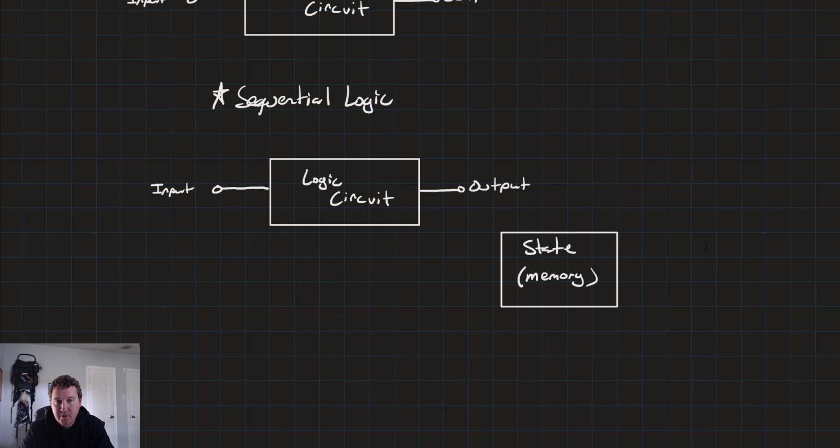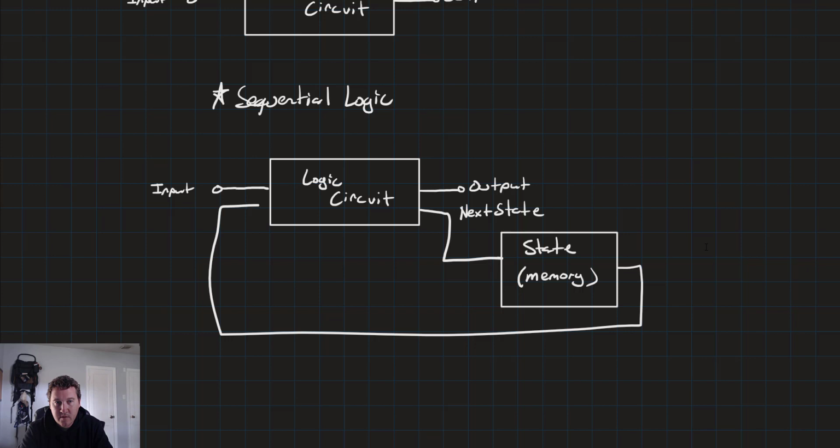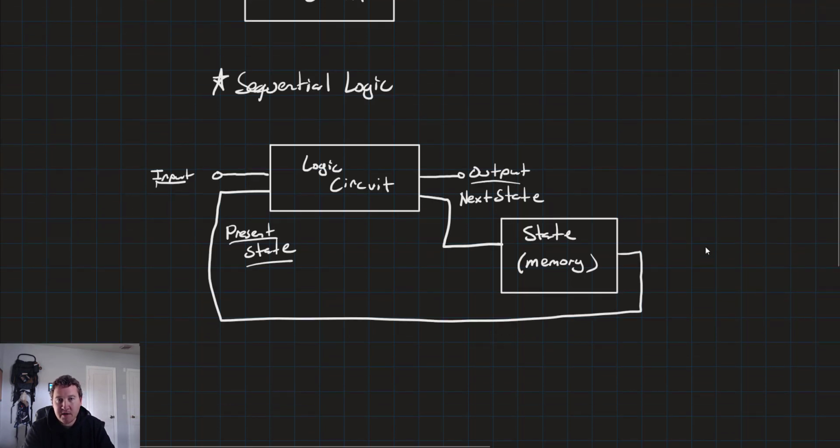In addition to producing an output, the logic circuit will also now produce the next state, and it will take as an input the present state from the state memory. So sequential logic has a logic circuit and a memory element, and the logic circuit takes the input and the present state and produces an output and the next state. So that's the basis of sequential logic.